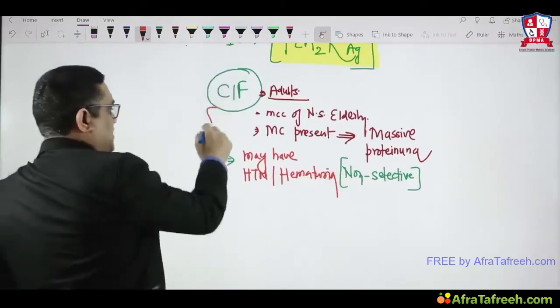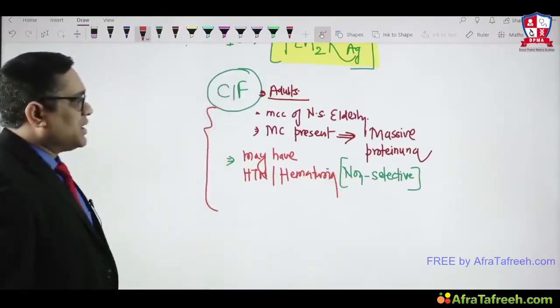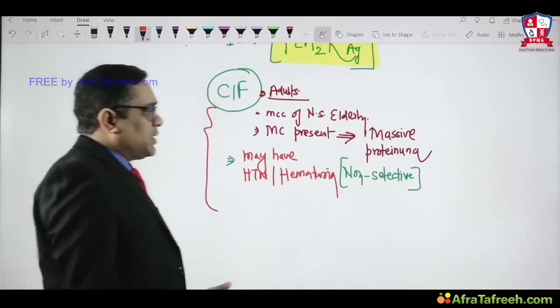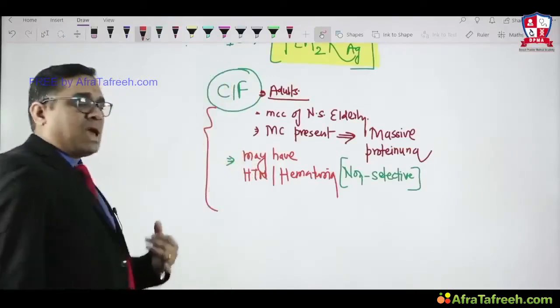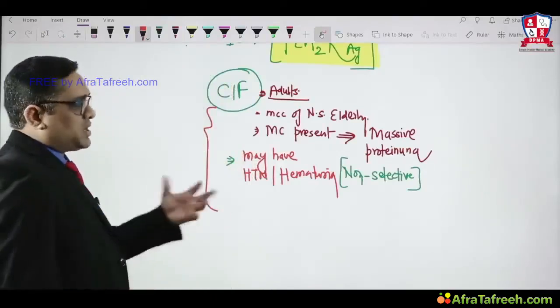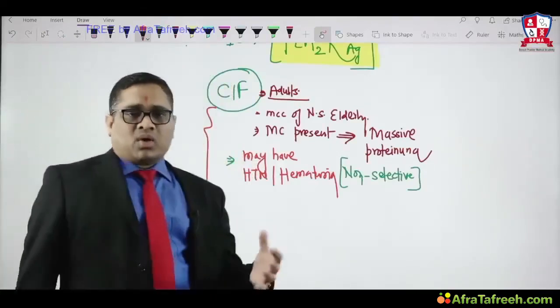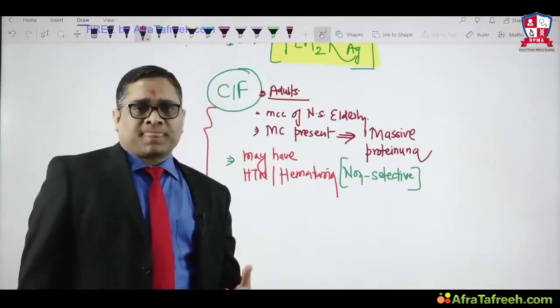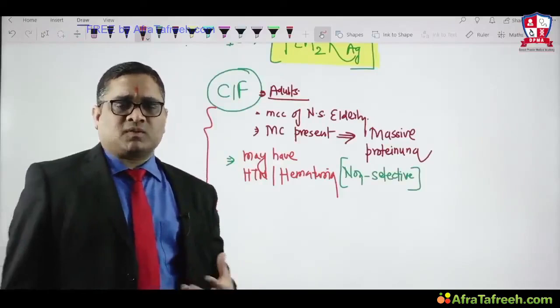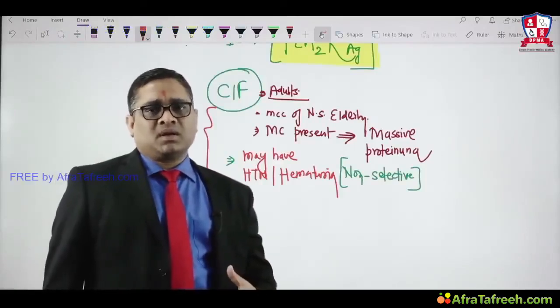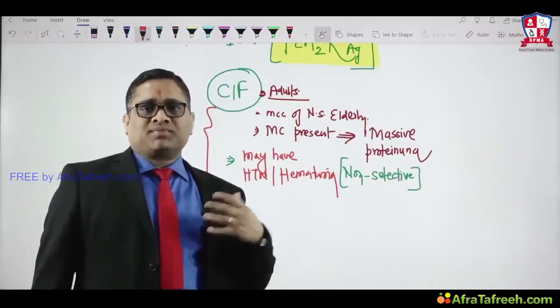So these are the important clinical presentations. They will present with massive proteinuria, and they may have hematuria and hypertension. And as I have already told you, the biomarker of disease activity can be measured by phospholipase A2 receptor antigen, and antibodies formed against them.